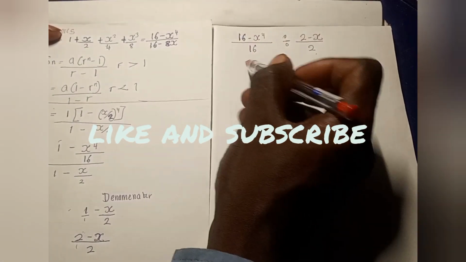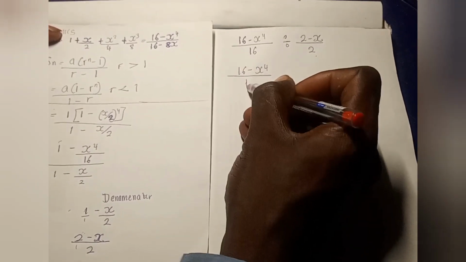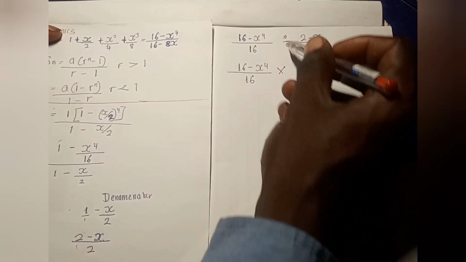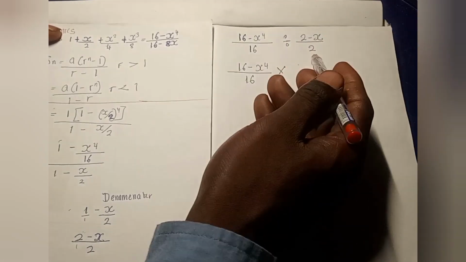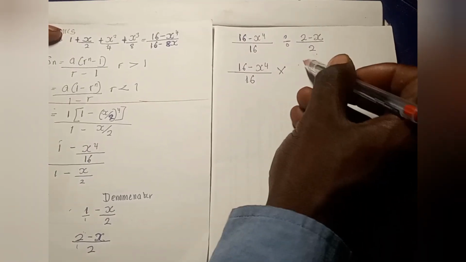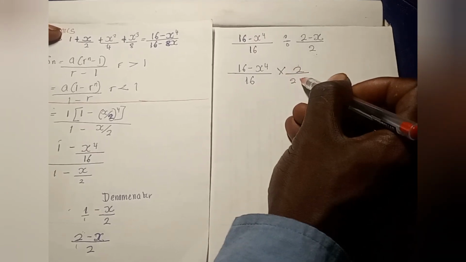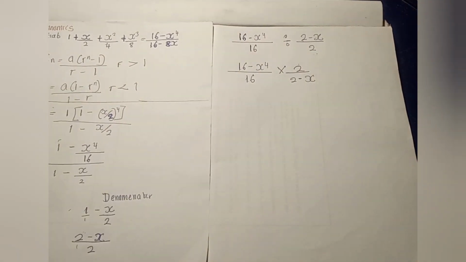So if I want to solve this, 16 minus x raised to power 4 over 16, multiplied by, if this division changes to multiplication, the numerator of this one will come to the bottom and the denominator will come to the top. Take the reciprocal, that's it. So I'm going to be having 2 all over 2 minus x. Now I can easily multiply, or let me just cut it like that.